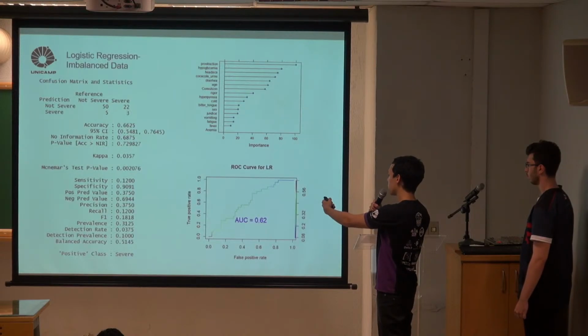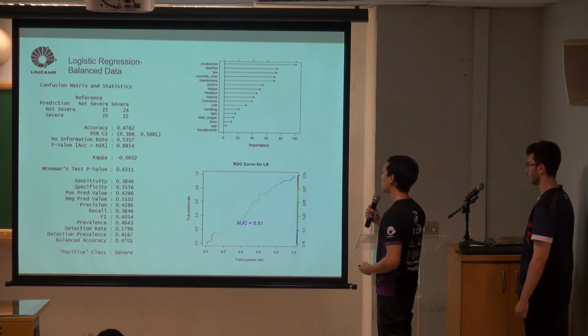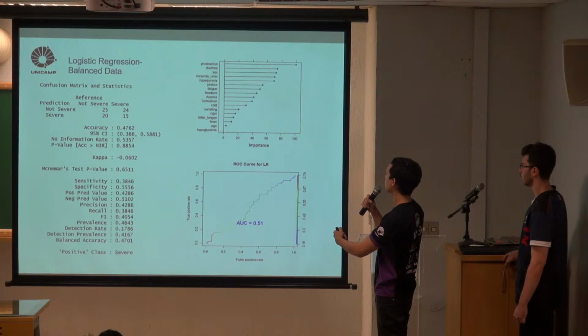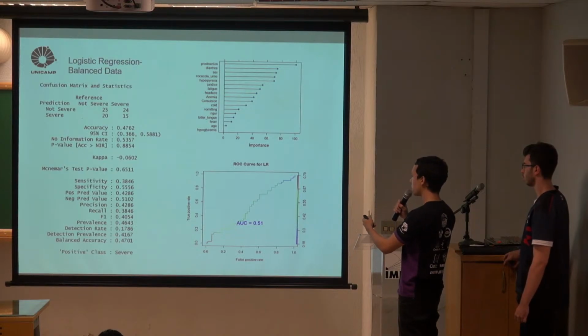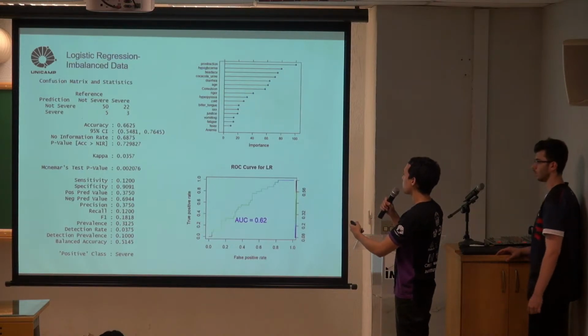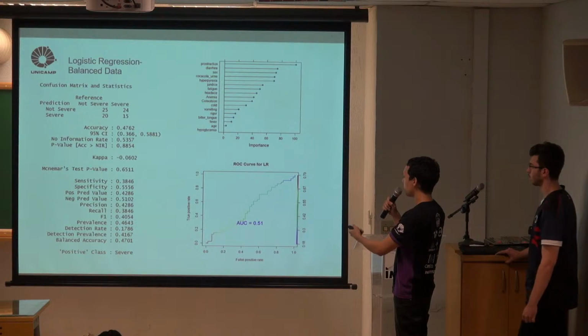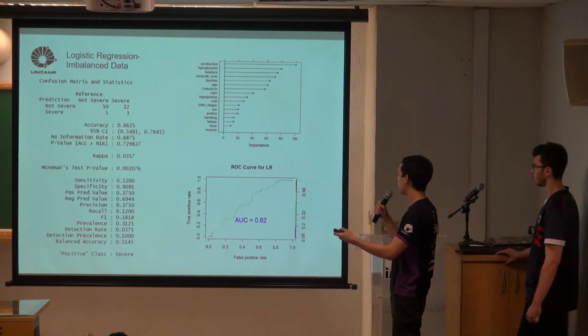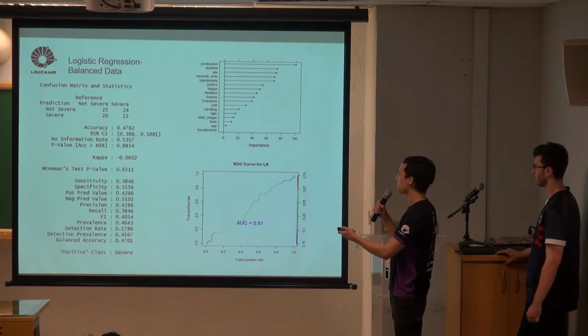The kappa goes from 0.03 to minus 0.06, so the kappa got lower, and the accuracy too. So this will be one of the exceptions, because here we got better metrics at imbalanced data, and this is rare.